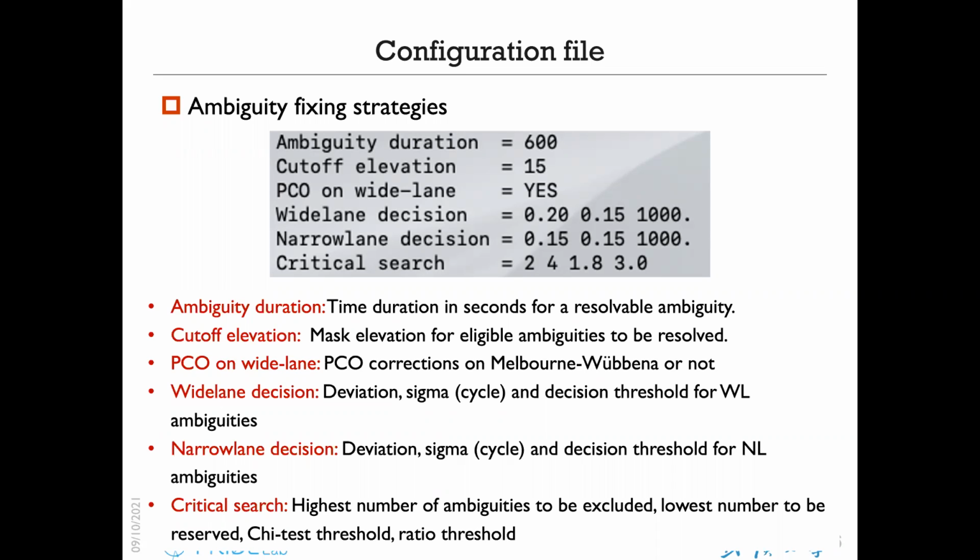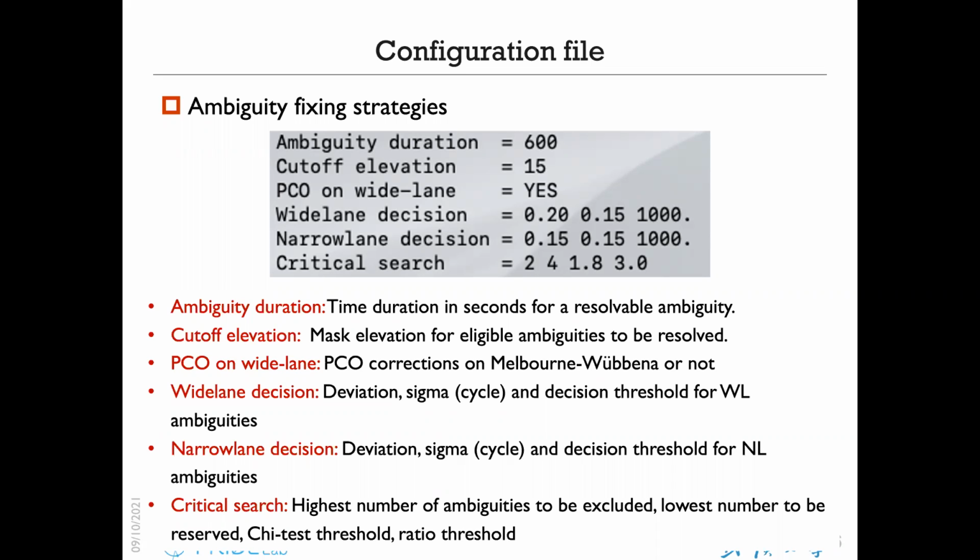So in this case, you can set a cutoff elevation to exclude such ambiguities from the ambiguity fixing, and that will lower the risk of incorrect fixing of ambiguities.